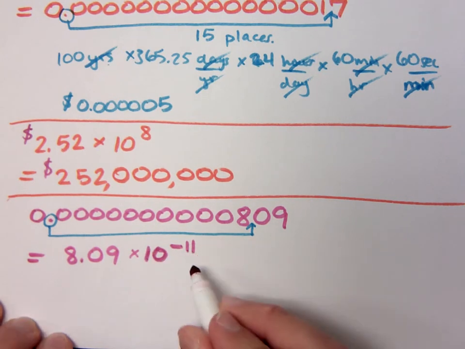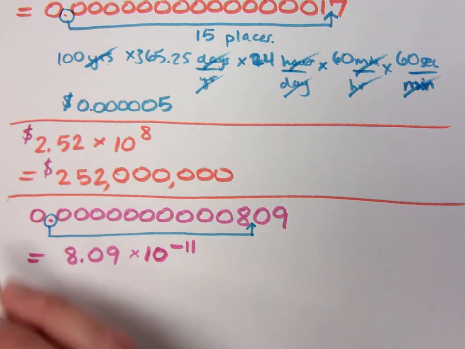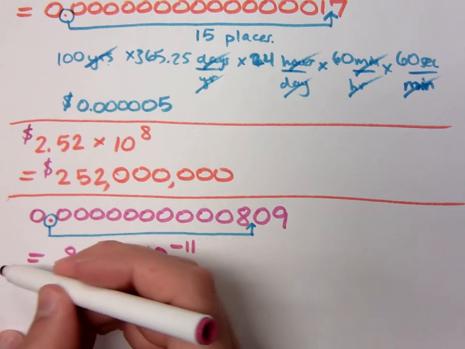Why is it a negative power? Because you're going back. Because it's a small number, right? Yes. Again, if you don't know if it's large or small, put a dollar sign in front of it. If it gets you excited, that's a positive power of 10. If it means like whoop-de-doo, it's a negative power of 10, right? Negative 11.